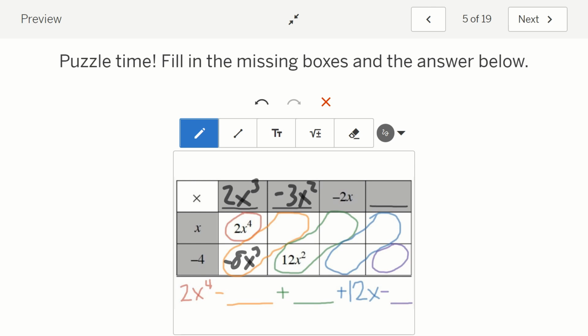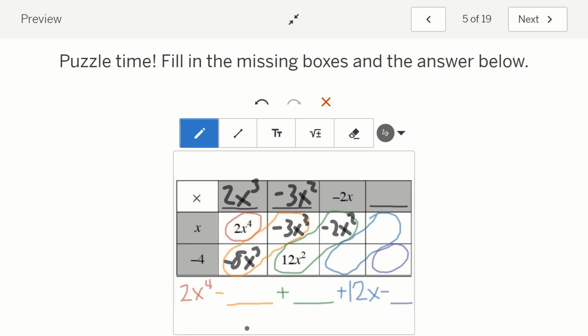Negative 4 times negative 3 would give you positive 12, and then you'd have the x squared. From there, I can get this part. So x times negative 3x squared would give me negative 3x to the third. Moving over here, negative 2x times x would be negative 2x squared.